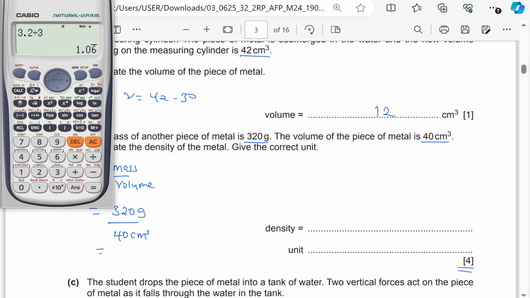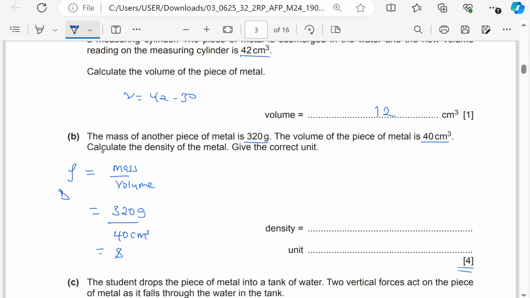Then you press your calculator. 320 divided by 40 gives me 8, but it is grams divided by centimeters cubed. So it is grams per centimeters cubed. So this is going to be 8, and the units are grams per centimeters cubed.